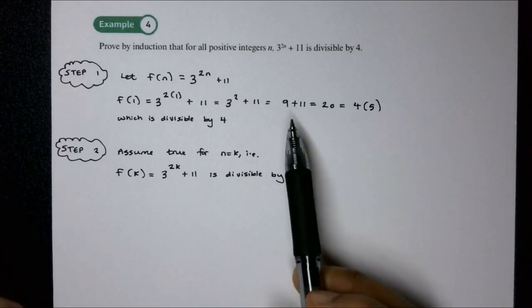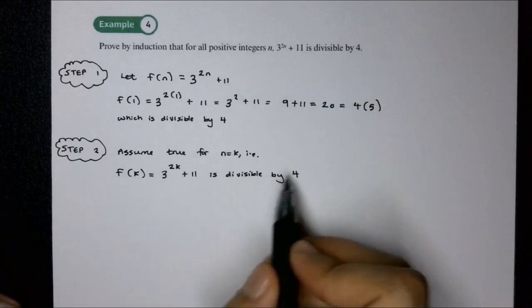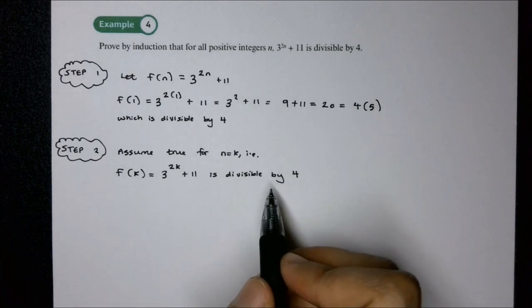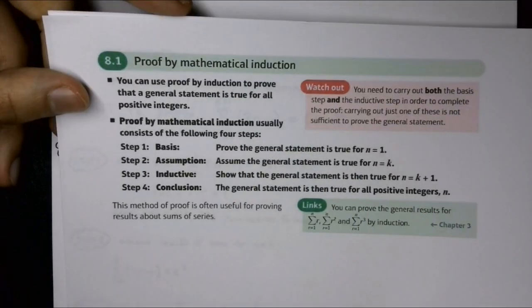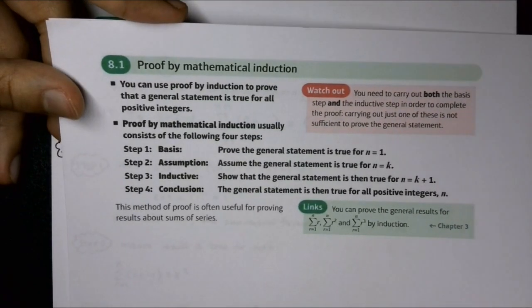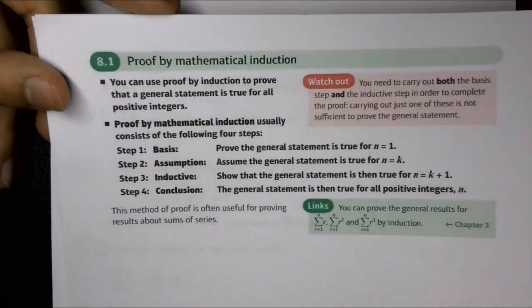Now, with these divisibility results, we need to be a bit careful when we come to our third step. And just as a reminder of what our third step is, that's the inductive step, where we will show that the general statement is true for n equals k plus 1.